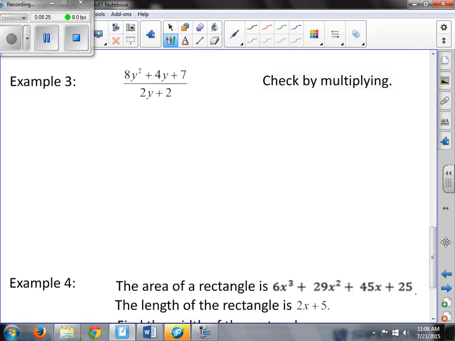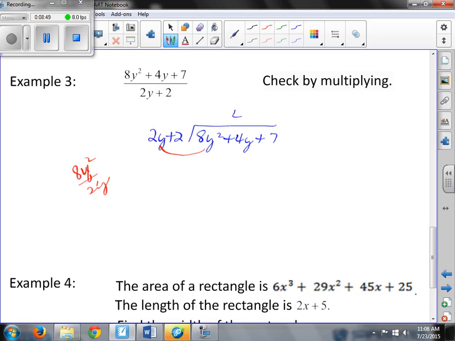Example 3 is the one that I will check. I'm going to divide 2y plus 2 into 8y squared plus 4y plus 7. So we'll start off with 2y times what makes 8y squared, or what is 8y squared divided by 2y?